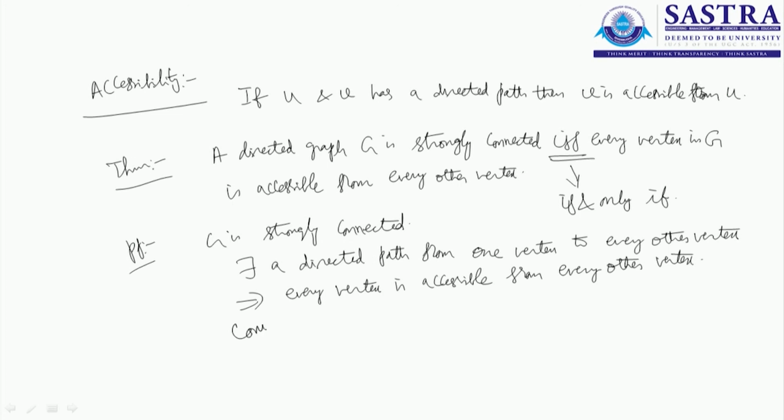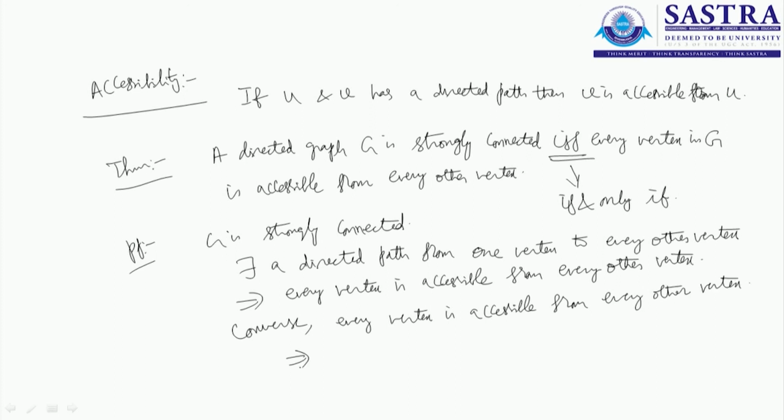Now when you look at this, the converse is also very simple. Every vertex is accessible from every other vertex. What does this mean?